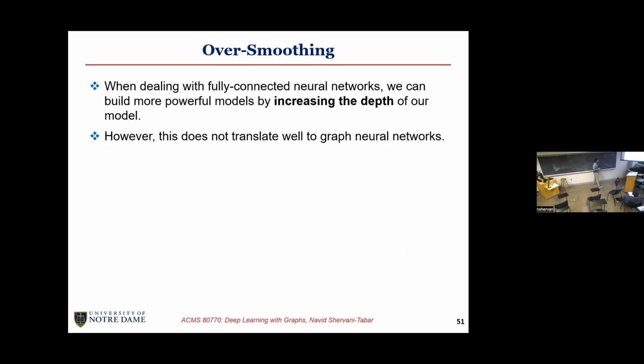One problem that is unique to graph neural networks is a phenomenon called oversmoothing. When you have a fully connected neural network and you want it to be more and more powerful, you just stack more and more layers. But that doesn't translate well to graph neural networks.